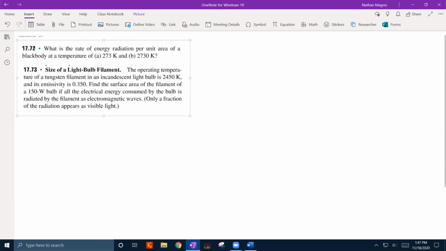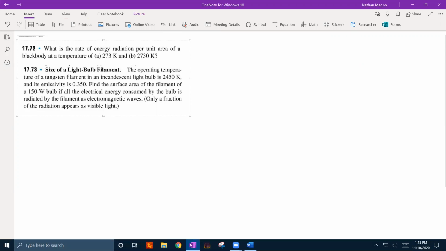Every object radiates some form of electromagnetic radiation, but some come very close. I think graphite has an emissivity of 0.09 something, so it doesn't radiate much at all. For a perfect black body, e would equal 1. And you'll see that.